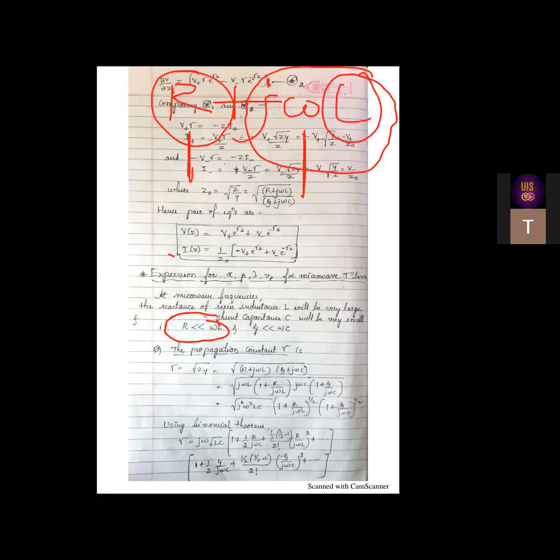So we can write like this: R is very much less than the second term omega L. I have not taken j here, j indicates the imaginary part. Similarly, when you go for the capacitive part, G is very much less than omega C. So this is the condition which exists at microwave frequencies. Fine. Now let us go for propagation constant values. How to find it?